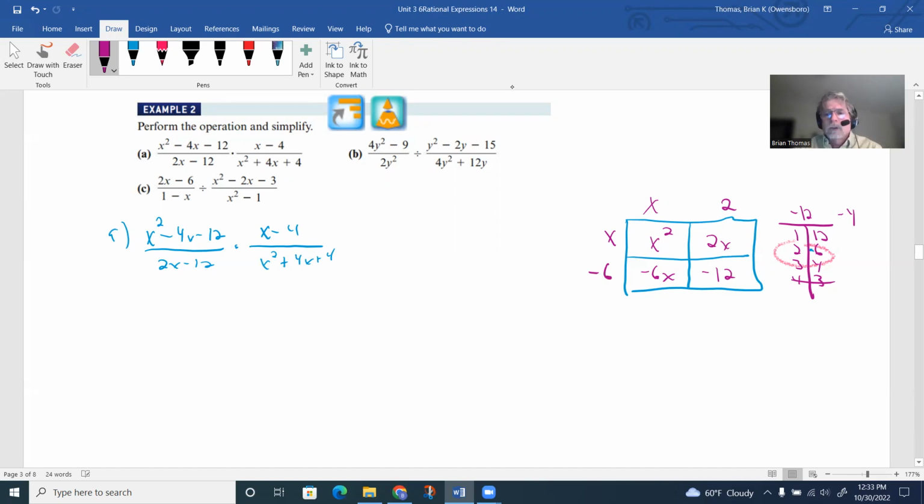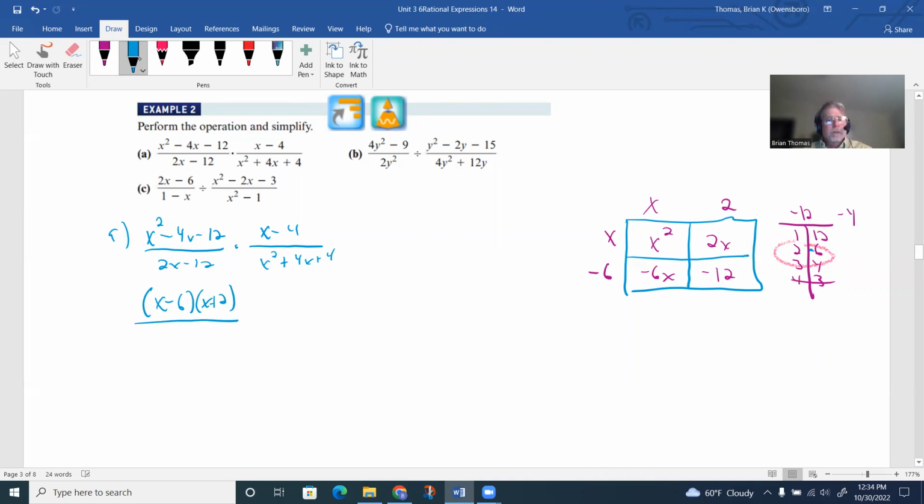So what it all boils down to is, when the quadratic term is just x squared, all you're looking for are the factors of negative 12 that give negative 4. We don't necessarily need this organizer as much as we just need the big T thinking. So this turns into x minus 6 times x plus 2 as the factorization.